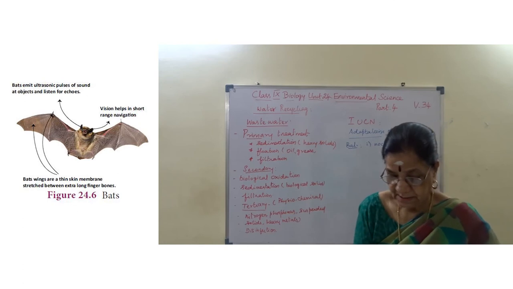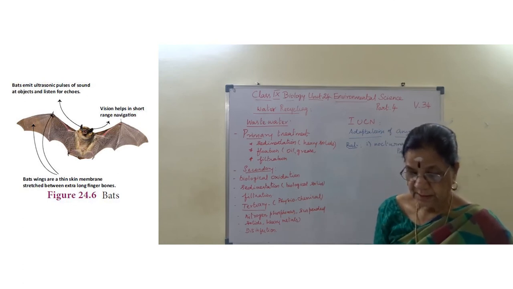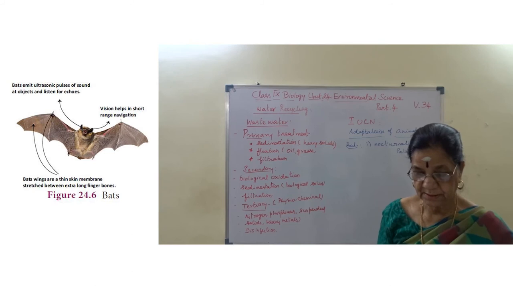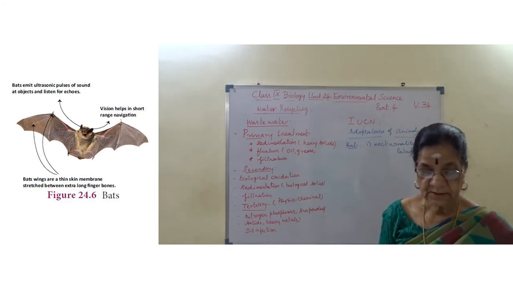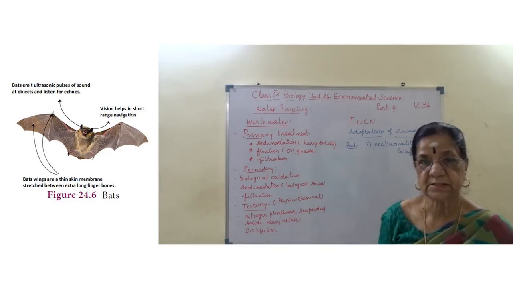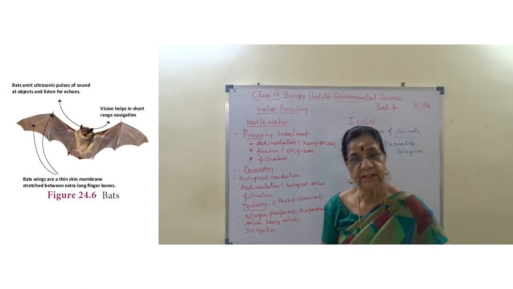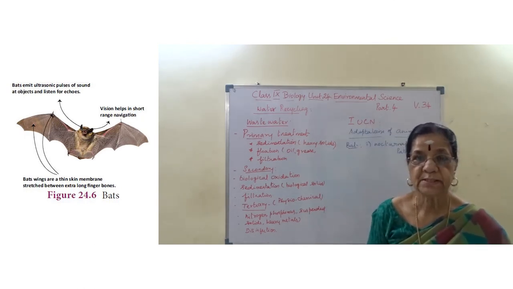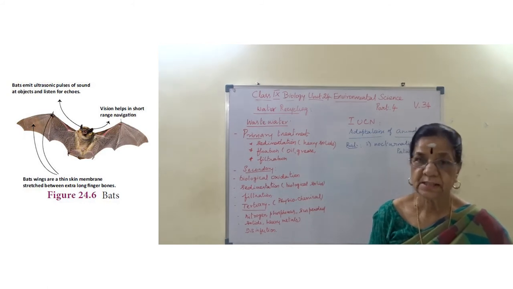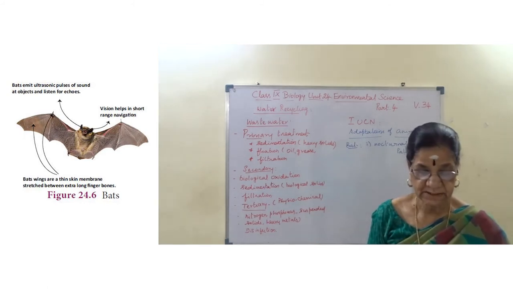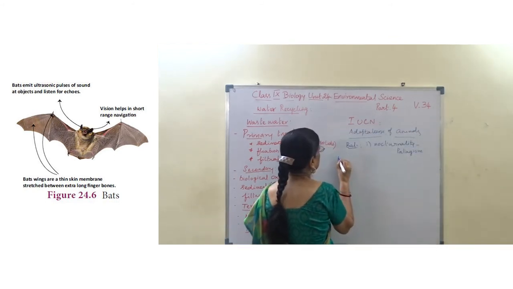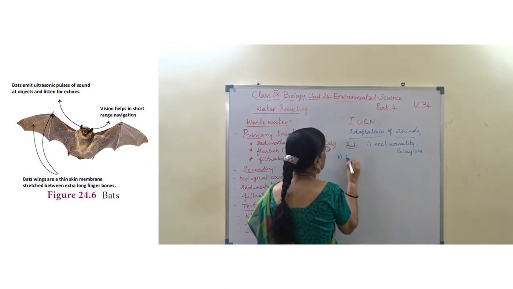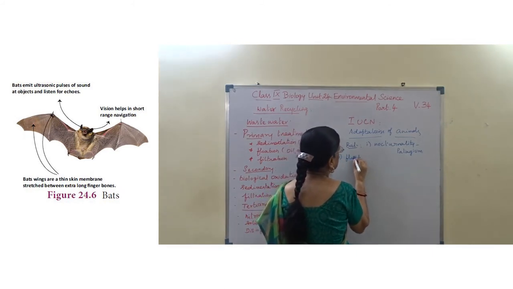It is said that the thin black wing membrane called patagium may cause excessive heat absorption during the day. This may lead to dehydration. So it flies only at night. So they are active only during night. So the condition is called nocturnality. Right? Then second one is flight adaptation for bat. Second one, flight adaptation.